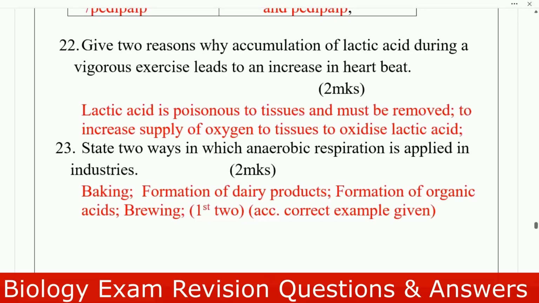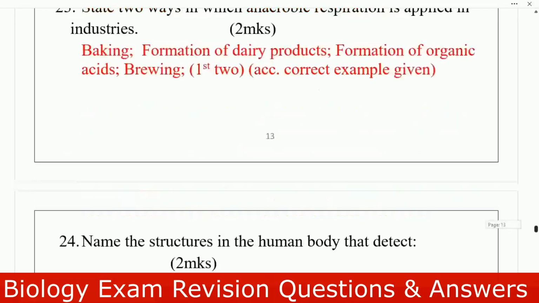State 2 ways in which anaerobic respiration is applied in industries. Number 1 is baking, making of dairy products. Next, making of organic acids, brewing. Yeah, those are the answers.